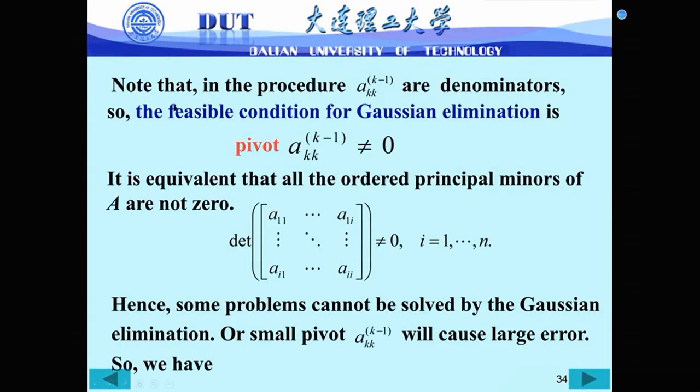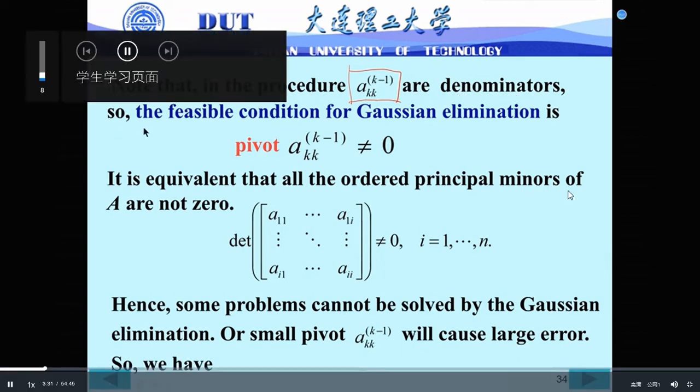Note that in the general case of Gaussian elimination, we need this number to be nonzero. It is the pivot obtained by step k-1. Here A_kk is the diagonal element. At each step, all the elements on the diagonal are denominators.